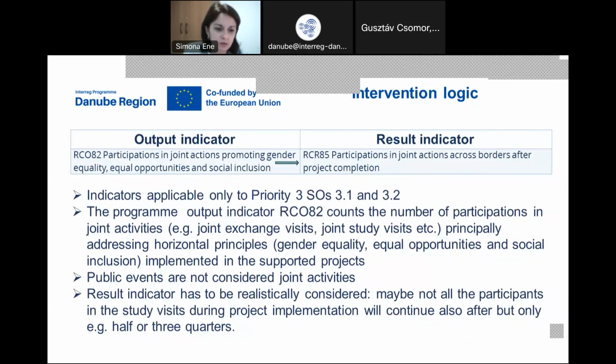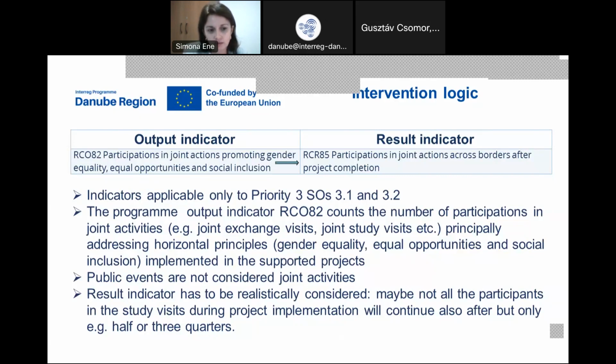These indicators are only applicable to specific objectives 3.1 and 3.2, which are dealing with labor markets and education. In this indicator, it is counting the number of participations in joint activities, like joint exchange visit, joint study visit. Here, we are not including public events. So public events are not considered joint activities.